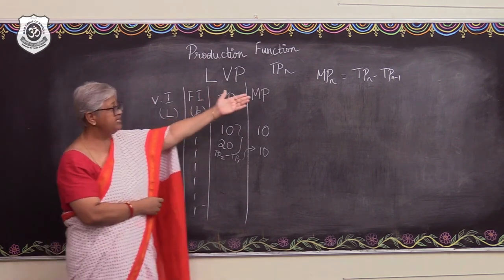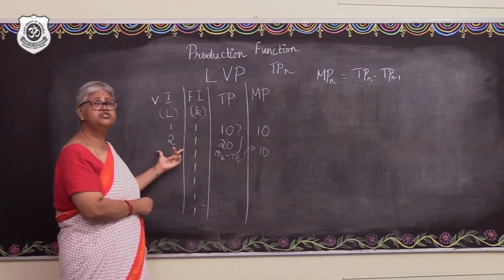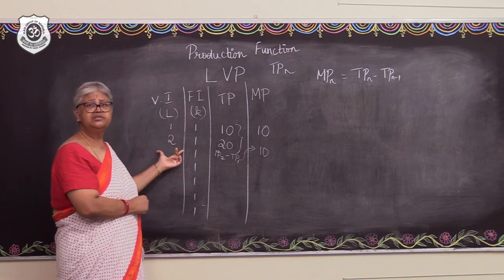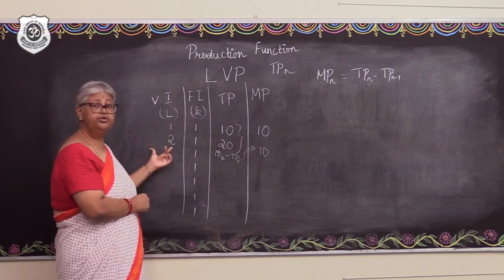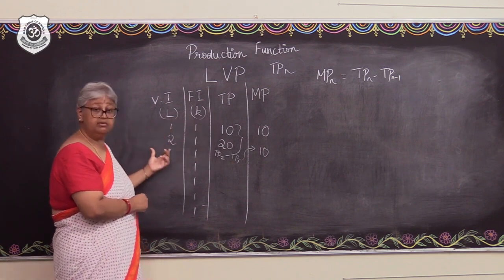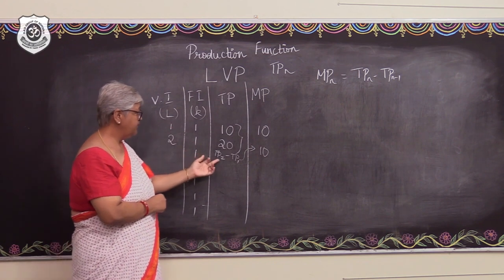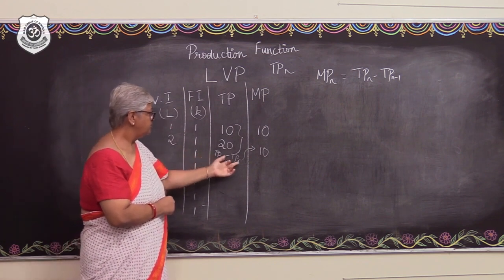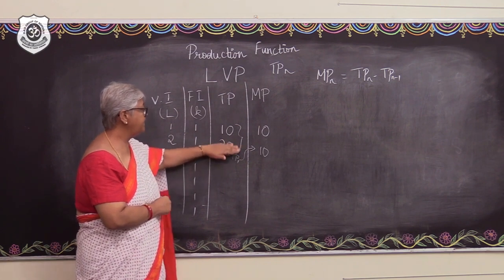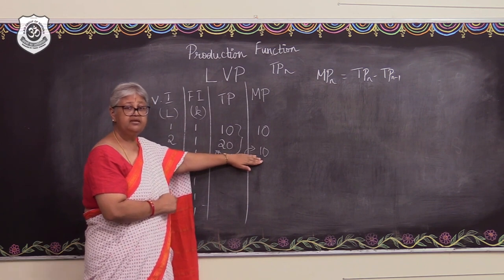So that's TP(n) minus TP(n-1). In this case, the n refers to the number of units of input that is employed. Just 2 levels of input are undertaken. So over here, TP(n) minus TP(n-1), or rather 20 minus 10, that will be 10 here.